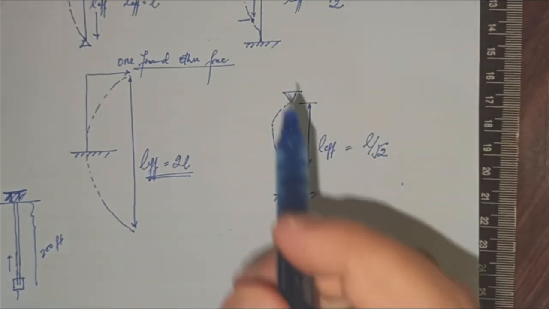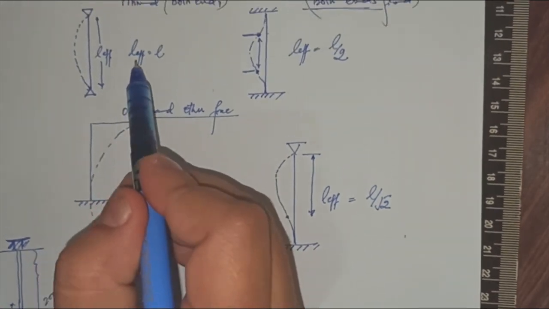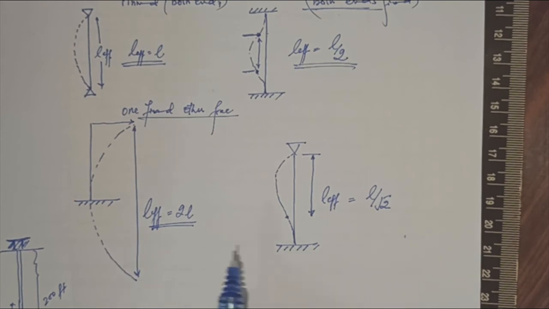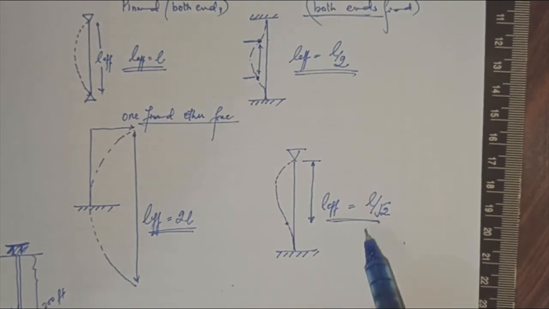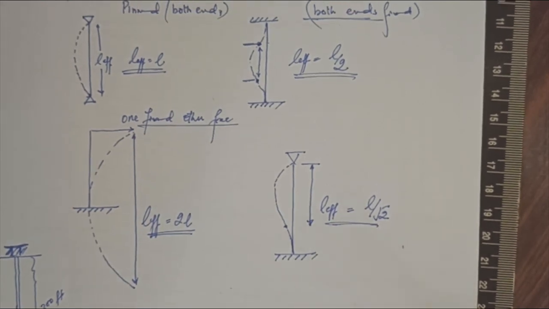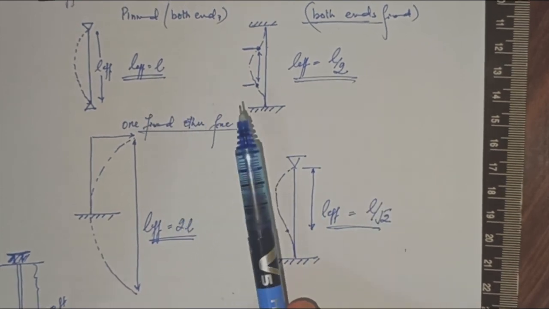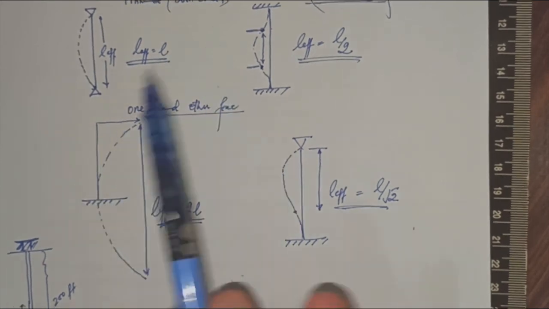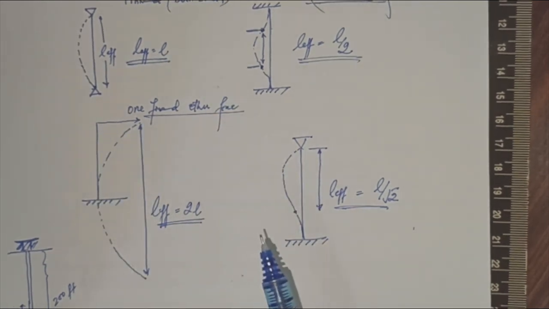So these are the boundary conditions for different cases. In the problems, you will be given different examples, and on the basis of these examples, you will be categorizing that column into one of these four conditions. Usually these are the most common four conditions of the column.